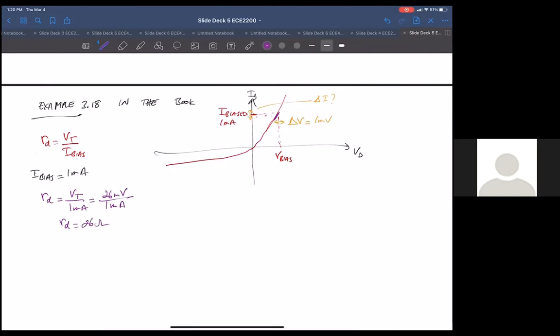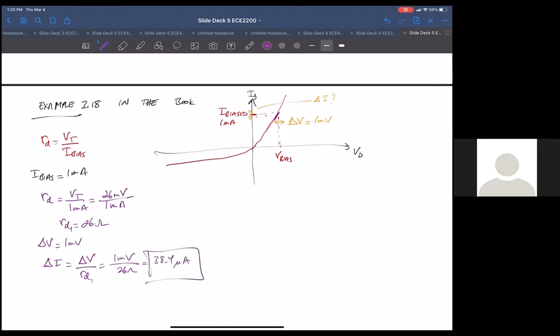Okay. And if my delta V is 1 millivolt, then delta I is just equal to delta V over this effective R sub D. So I'll call that R sub D1. 1 millivolt over 26 ohms ends up being 38.4 microamps, which is your answer.